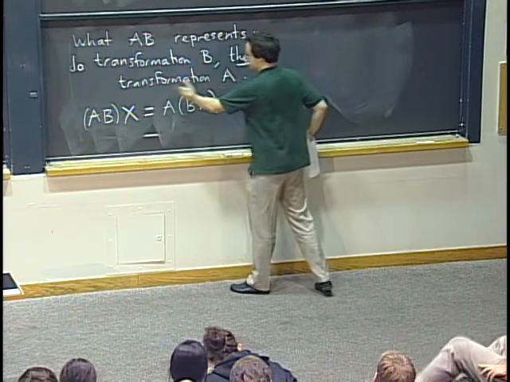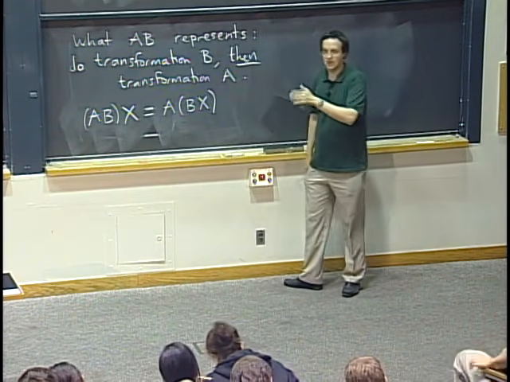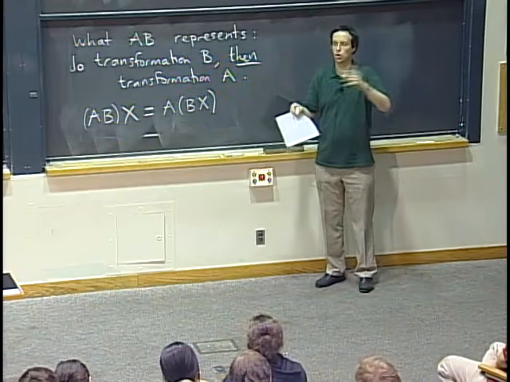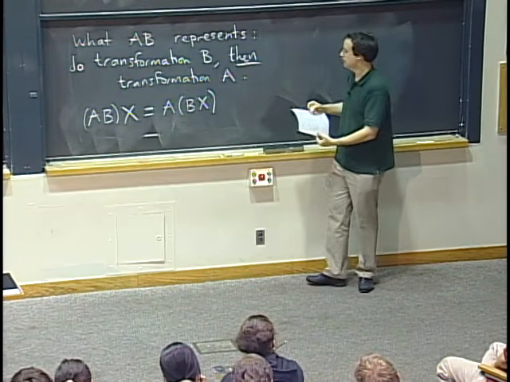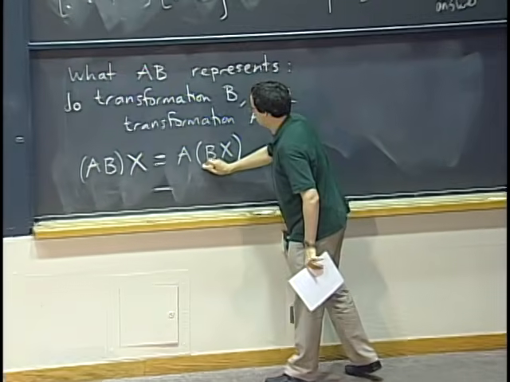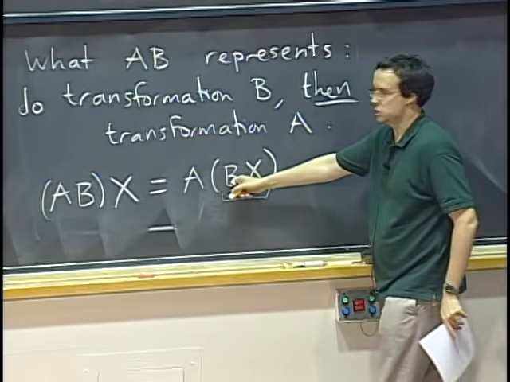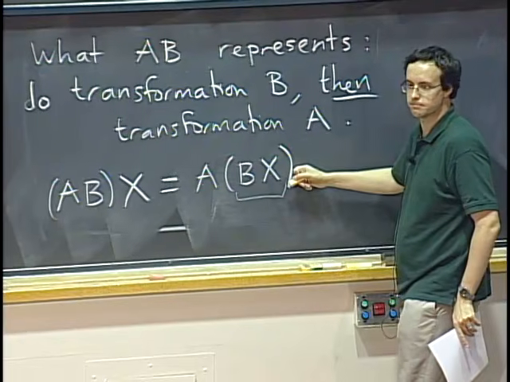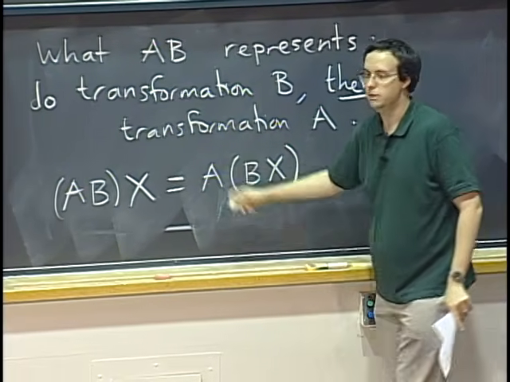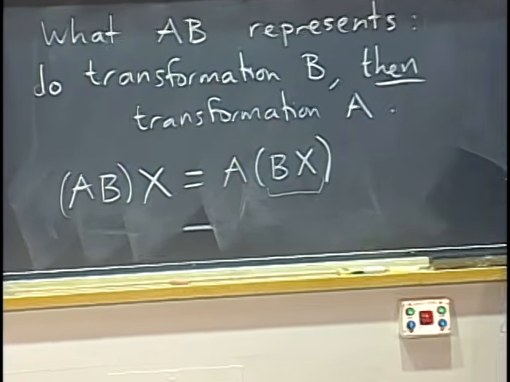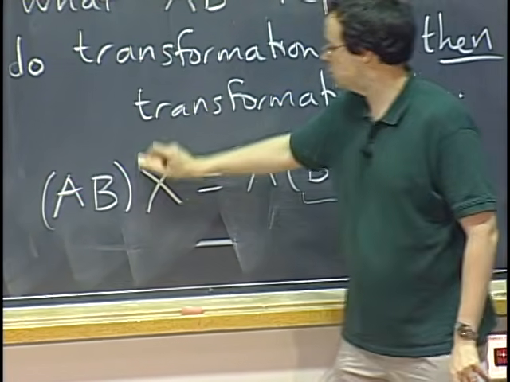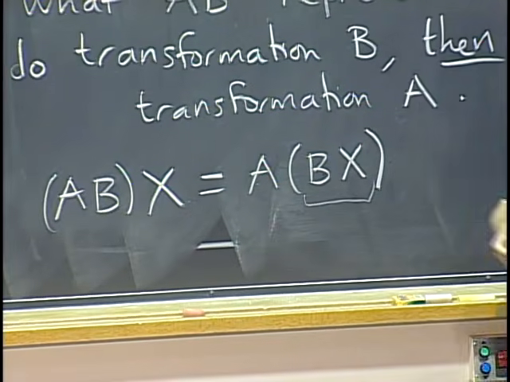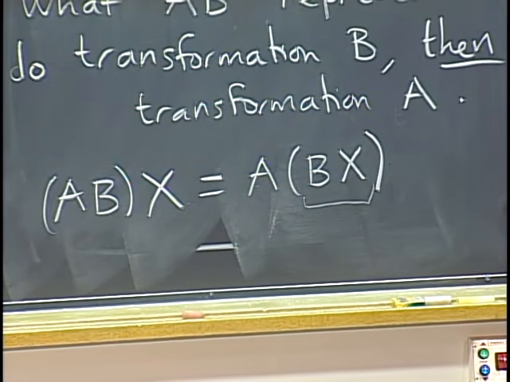That means we can think of a product A, B, x and multiply them in whichever order we want. We can start with Bx or we can start with AB. Now Bx means we apply the transformation B to x. And then multiplying by A means we apply the transformation A. So we first apply B, then we apply A. That's the same as applying AB all at once.